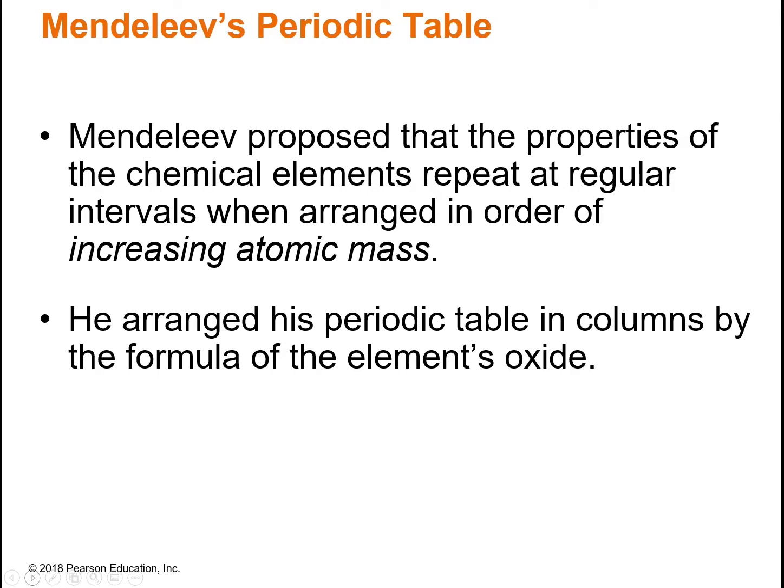I am, however, going to talk about Mendeleev because he is known as the father of the modern periodic table. There were prior proposals on how to organize all of these elements as they were being discovered. And all of this was happening at the same time that people are talking about, okay, what is matter made of?